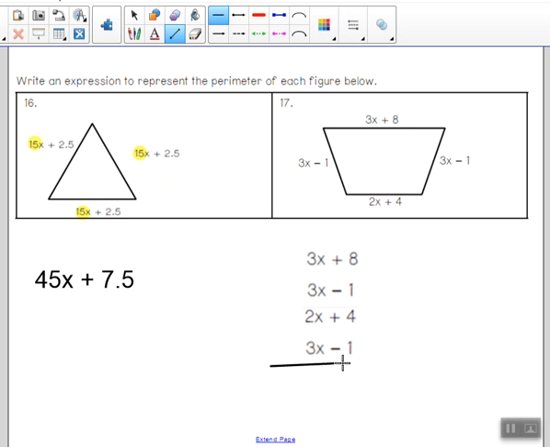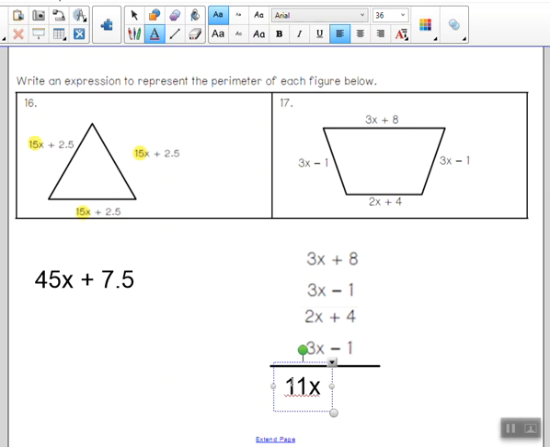If I draw a line right here and say, I want to add all of this, it looks a little confusing, but let me break it down simply. You can add these values together, and they're all positive. So if I add 3x, that's 6x, 8x, 11x, that's what I get for those values, 11x.